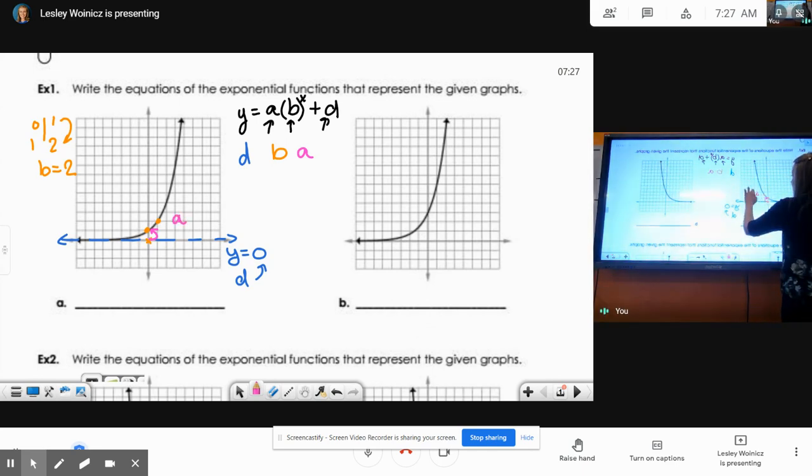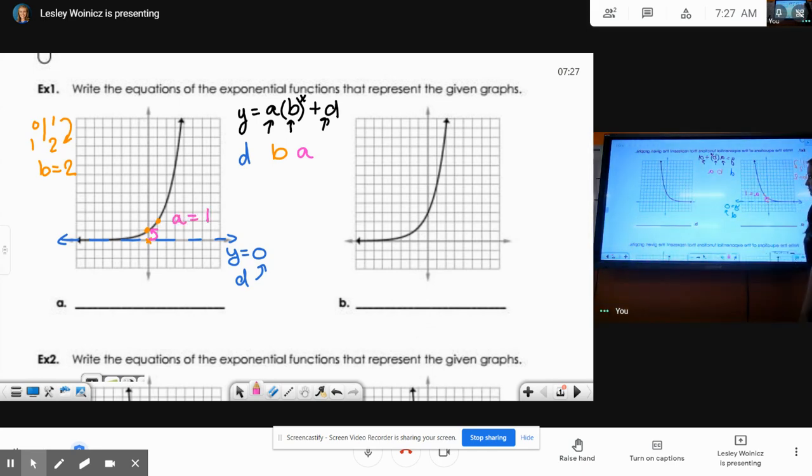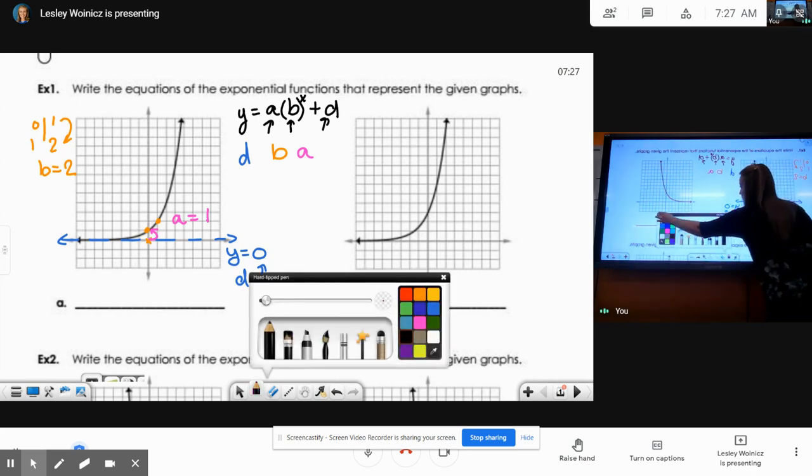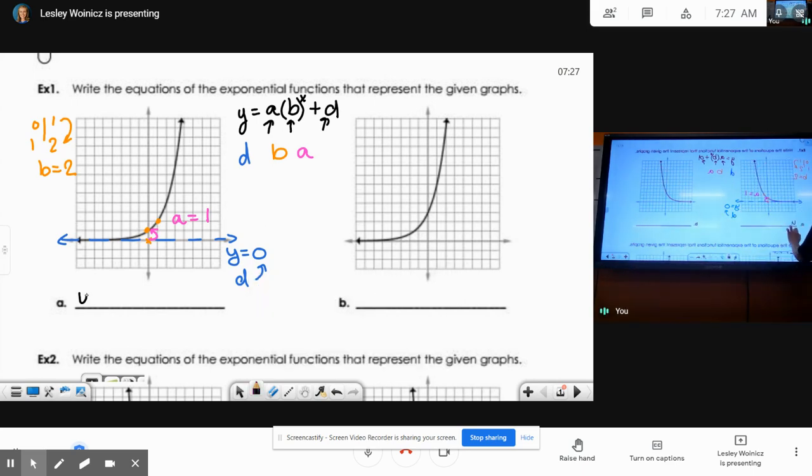So my a is 1. So now I can write my equation. So it'll be y equals 1, because that's my a, times b to the x, so times 2 to the x, that's my b, plus 0, which is d. That's it.